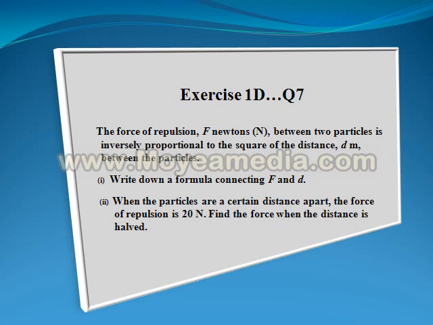The parameter is a little bit different now. It says the force F is inversely proportional to the square of the distance d between the two particles. The law is the same, but the scenario is a little bit different now. First part, we have to write down the formula or the equation connecting F and D, which we already did in the previous practice.